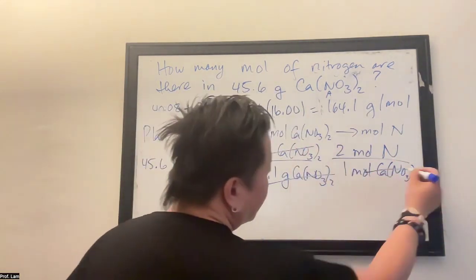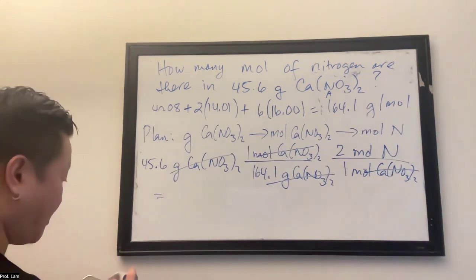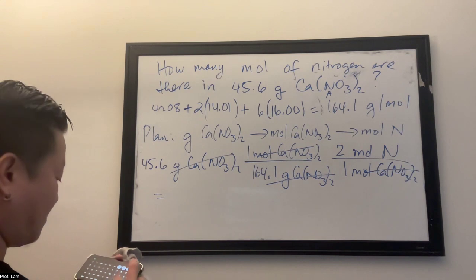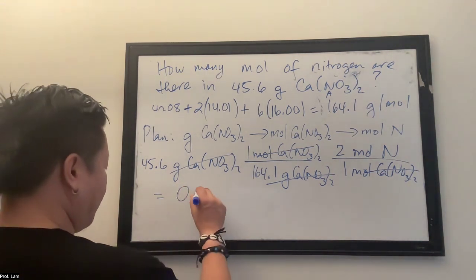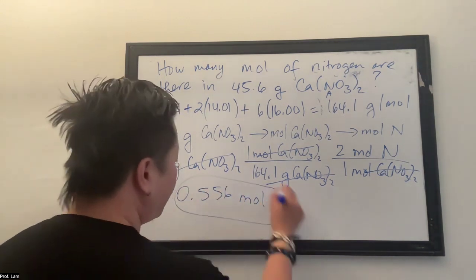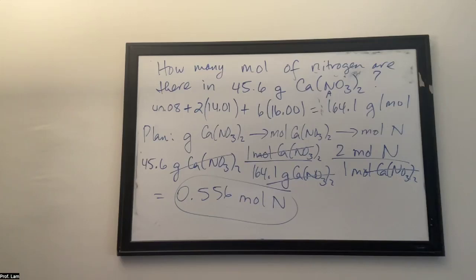That's all. And we punch that in. So 3 sig figs again, I would have 0.556 moles of nitrogen. Again, 3 sig figs because of that number.